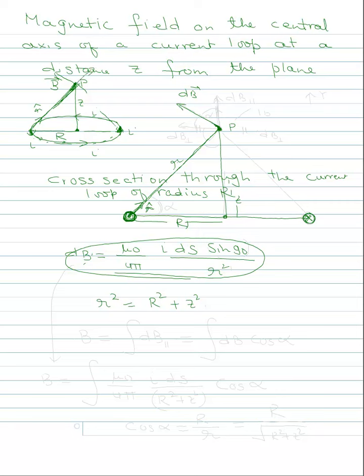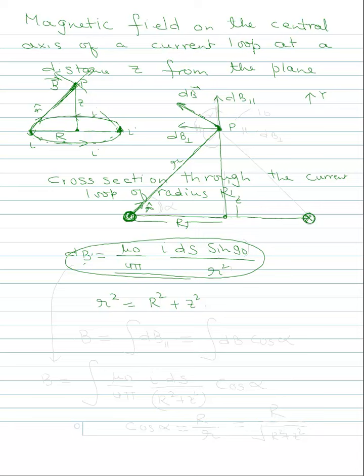So if that's the case, then let's say this is our y direction. We can think about two components of dB. One component of dB is along the y direction, which we can call dB parallel, and then there's another component which is dB perpendicular.